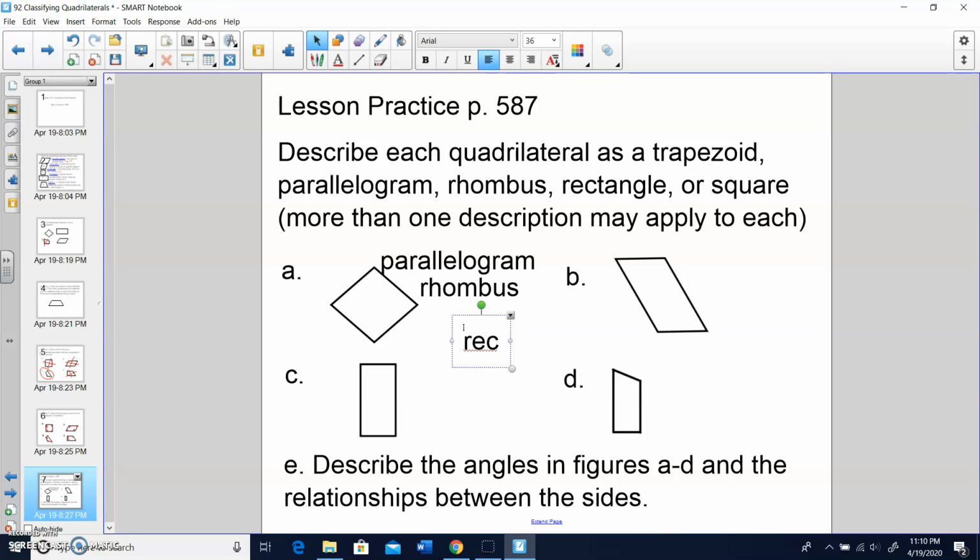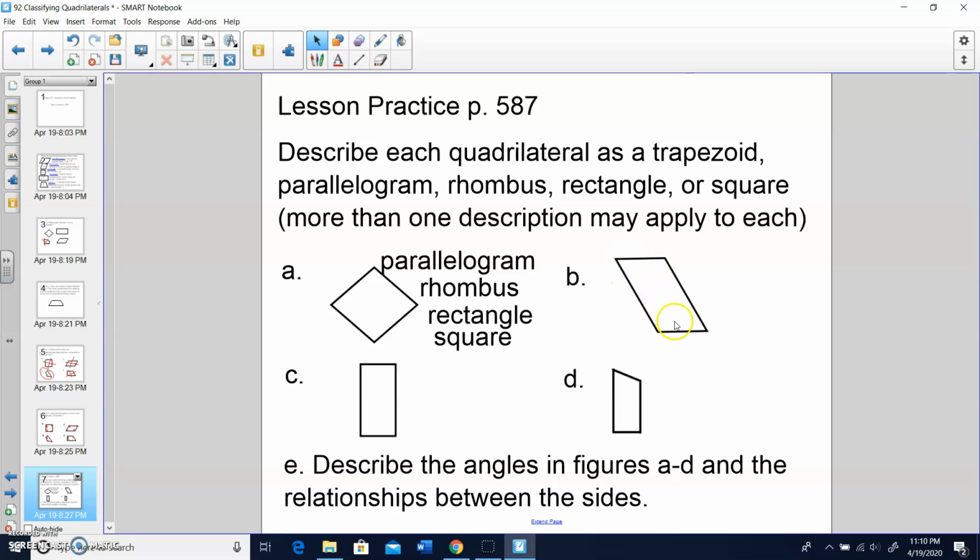I would say that this does have 4 right angles, so then it is considered a rectangle. And is it a square, that's a regular quadrilateral that has the sides the same length and 4 right angles? And I would say that yes, it has both of those, so it is considered a square.